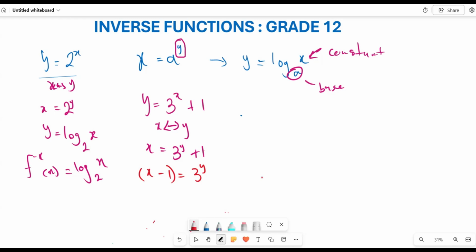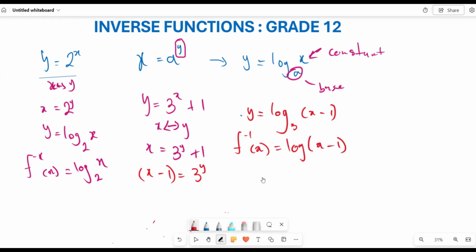So from here, this is going to be y equals log. The base of your y is 3, so this is base 3, and then this is x subtract 1. Can you see that? So basically this is going to be the inverse of this particular function, which is log base 3 of x subtract 1.